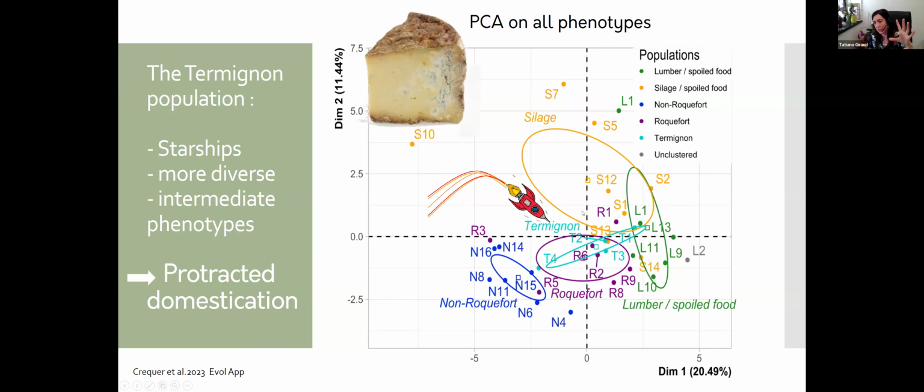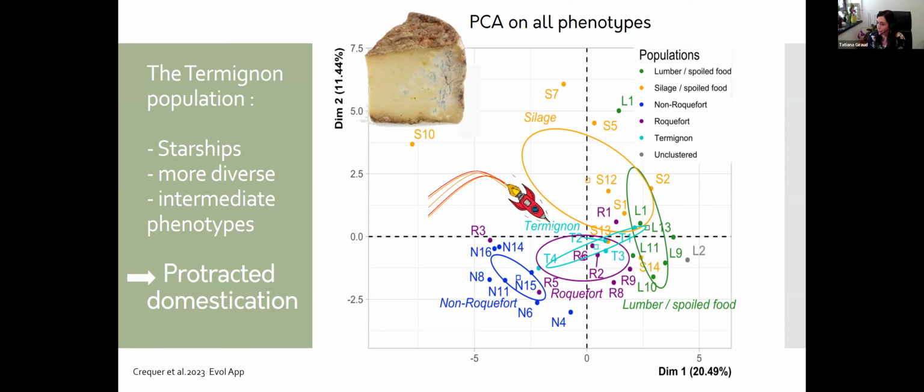And so that's a PCA with many traits possibly under selection for domestication. You can see here the non-Roquefort, Roquefort blue cheeses, and the silage and food spoiler. So the cheese and non-cheese populations are very different, and the Termignon looks a bit intermediate between the cheese and the non-cheese populations for traits important for cheese making.